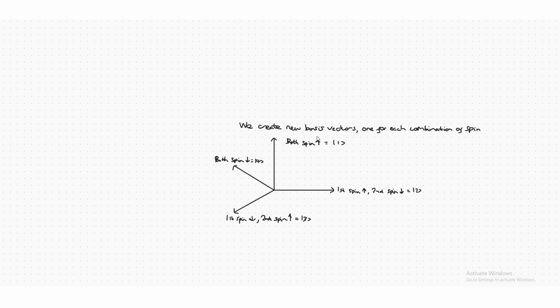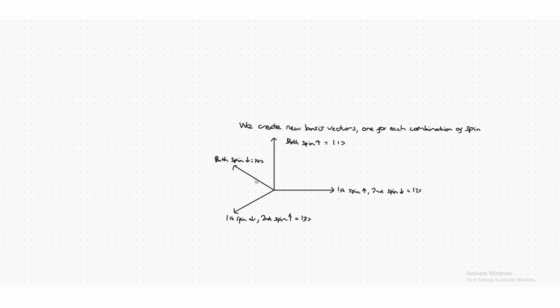Now, what do these basis vectors actually mean? Well, let's say we had a quantum state, which would just be a line in this vector space. That quantum state, well, we don't know much about it. We don't have any measurements associated with it. Now, these basis vectors show the possible measurements our quantum state can have.